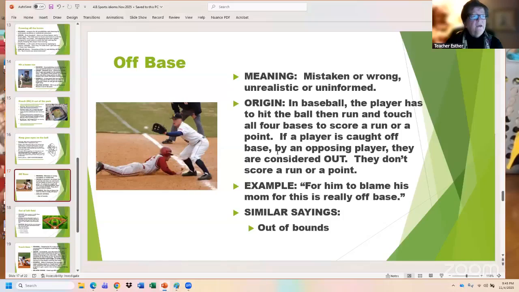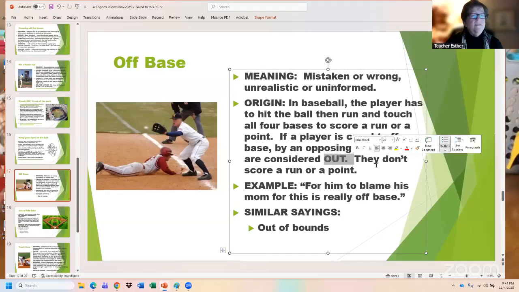But anyway, if they're caught off base by the opposing team, that opposing player, they're considered out, okay? And they're trying not to get out because there's only 3 outs allowed in each inning.